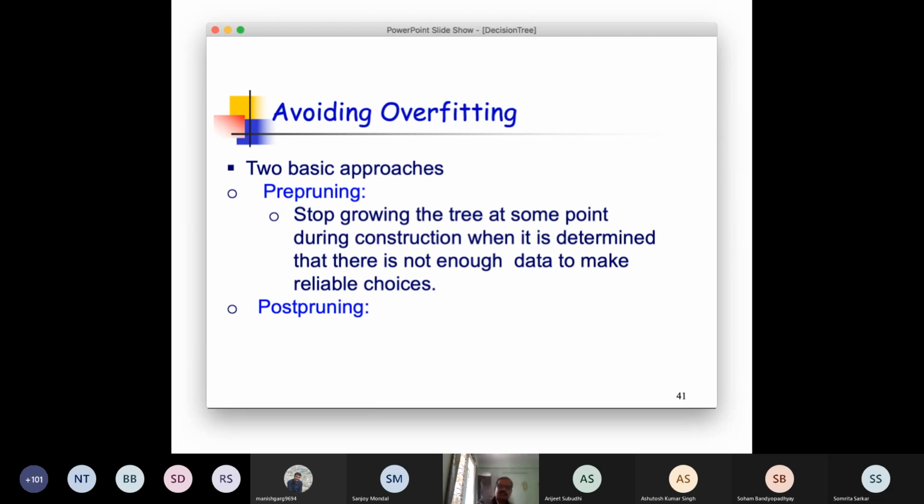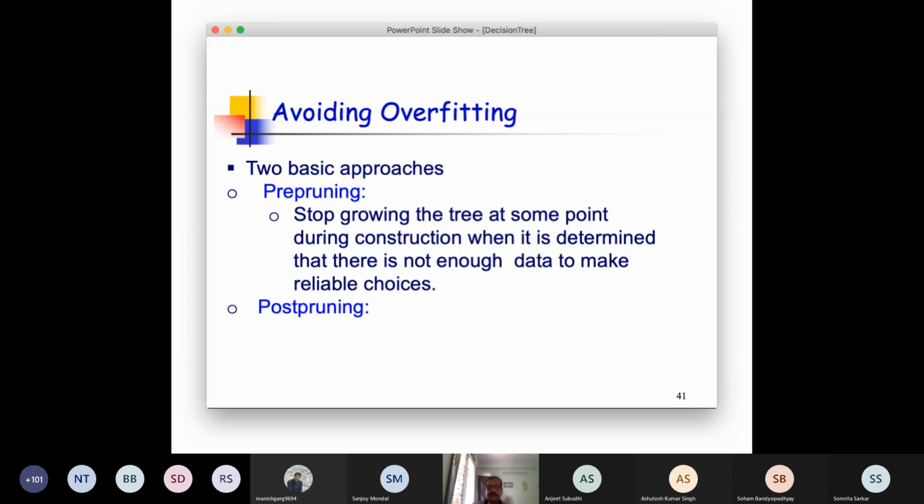But the post-pruning strategy actually allows overfitting. It grows a decision tree till you make the training error 0. First you derive a tree which is an overfit over the training examples. That means you get a 0 error tree. But then you try to find out which nodes could be pruned from the tree.